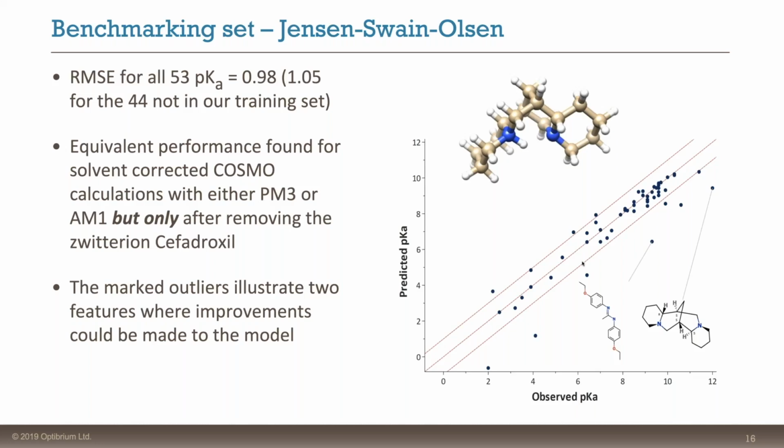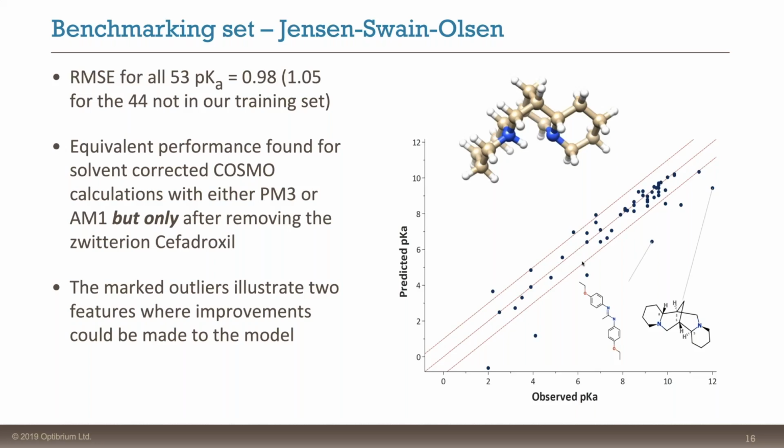But I've quoted here the root mean squared error for all 53 pKa's, and it is below 1 log unit. However, if you exclude the few compounds that are actually in our training set, that root mean squared error really doesn't move that much. It flips to the other side of that 1 log unit.